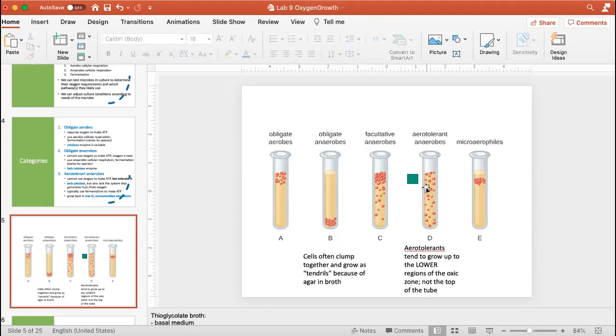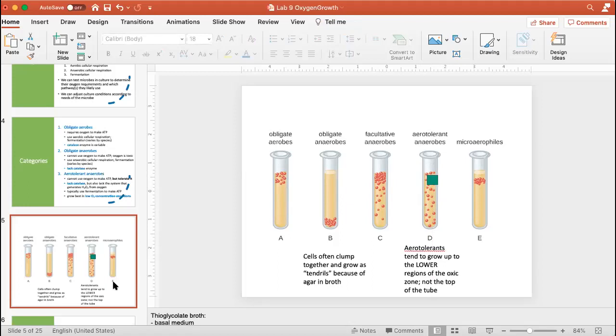In real life, we will see growth throughout most of the tube, but most of the growth will be in the lower half of the oxic zone. So remember, the oxic zone is the top 20%. And these organisms like to grow in the lower half of the oxic zone. That's where they grow best. And they'll also grow in other parts of the tube.